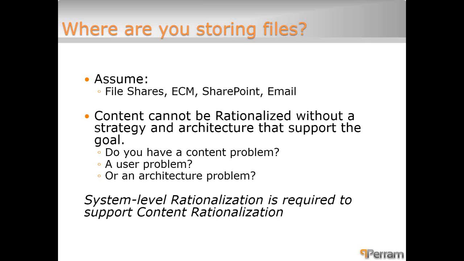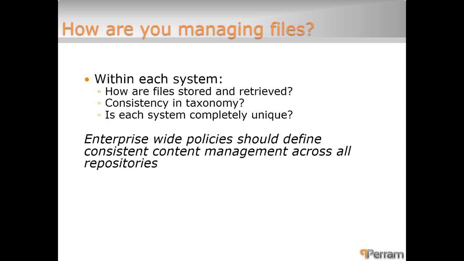If it makes sense to have an ECM system and SharePoint, how can we integrate those so that you can search one from another, or there's an actual shared repository and federated search, so that we're not duplicating the actual repository. So that's, I would say, a good starting point to think about when we're thinking about rationalization: look at system level issues and configurations.